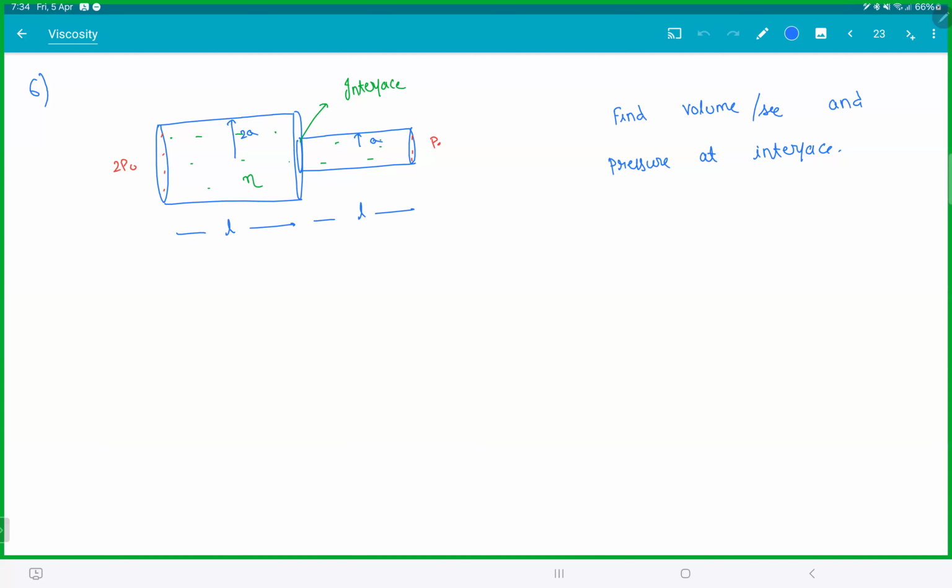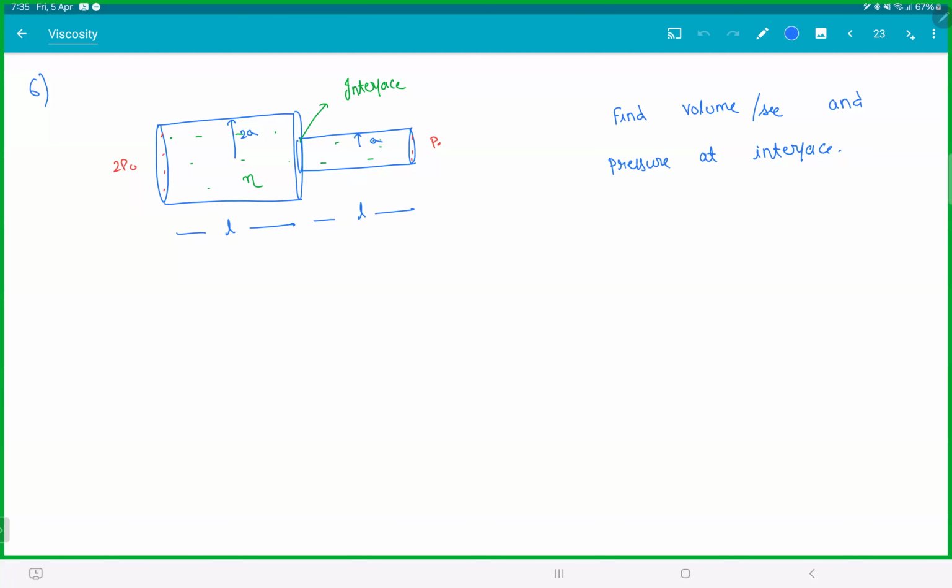Thirty-three P by 17. Okay, we have one answer. Others? P naught is P naught, why are you getting it in terms of... okay, volume flow did you find?